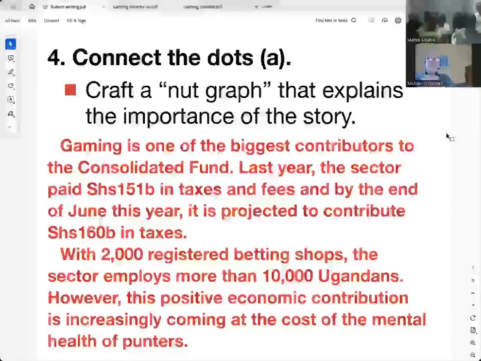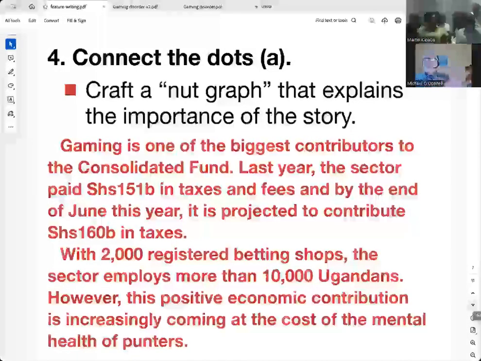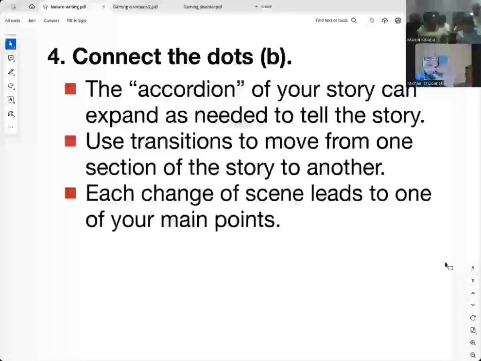It brought in a lot of money. There's 2,000 registered betting shops. There's 10,000 Ugandans employed, but it's costing people their mental health. And we already kind of showed that, well, here's Fred. He's hooked. What's going to happen to Fred? Okay. That's what's next. So connect the dots with the nut graph, and then connect the dots with the accordion.